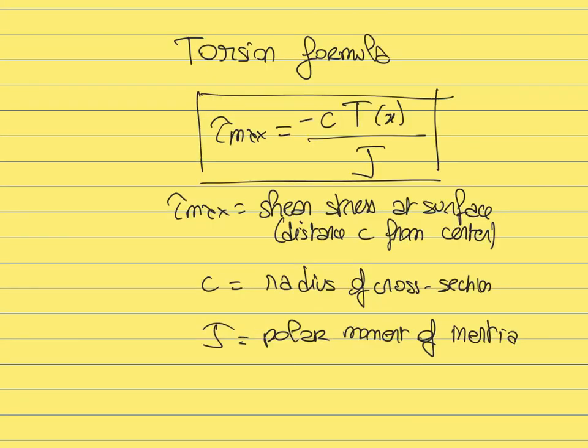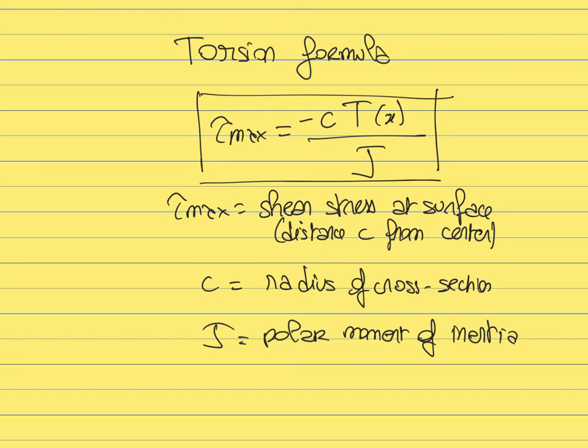So let's look a little bit more in detail at this torsion formula that allows you to calculate the shear stress. Usually we want to apply this formula to find the shear stress at the surface, because at the surface the shear stress is maximum. And so usually we want to find out if the shear stress is going to be high enough for the material to break.